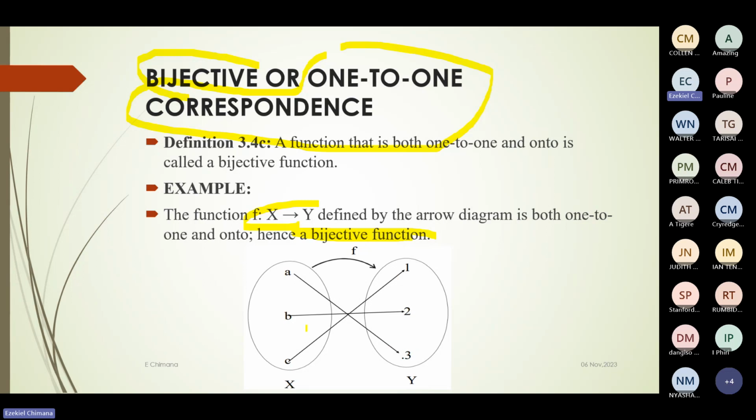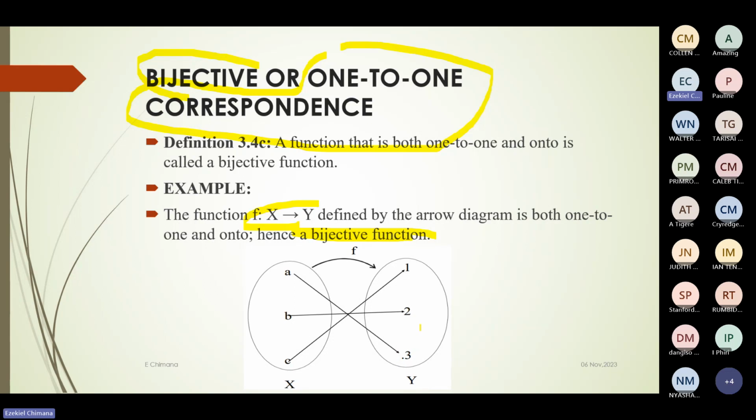And if you look at it, whenever we have an arrow from A, it's just a single arrow. So it's at most one arrow going to one of these in the range. So it's a one-to-one function, or an injective function.